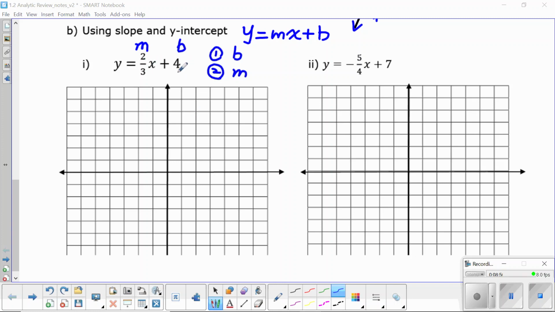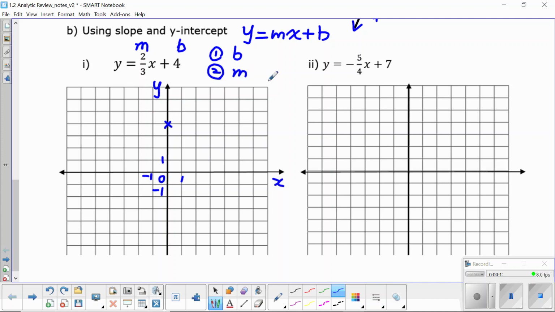So b is 4. We are going to label the scales: 1, negative 1 on the x and y axes, then 1, 2, 3, 4. This is 4 for the b. Then for the slope, it's rise over run.